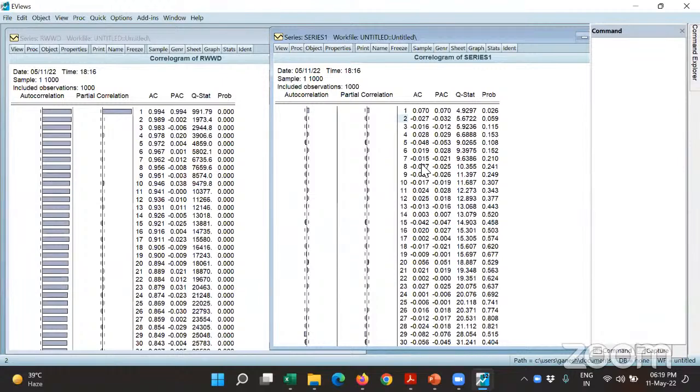You throw a dice, and the number on the dice has nothing to do with the number which appeared in the previous time point, yesterday, and it is also independent of what you will get in the next trial, the next data point. It's totally independent. If that happens, all your autocorrelations and partial autocorrelations will be not statistically significantly different from zero. That means their p-values will be greater than your benchmark itself.